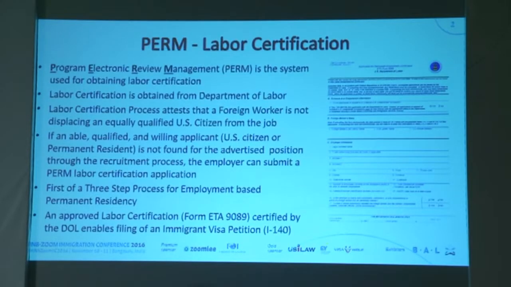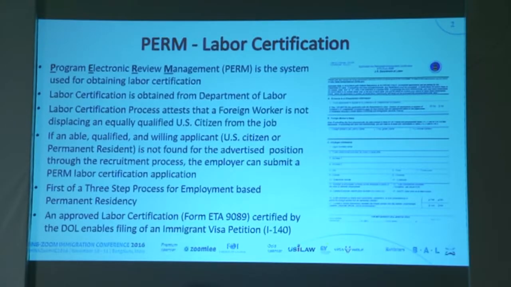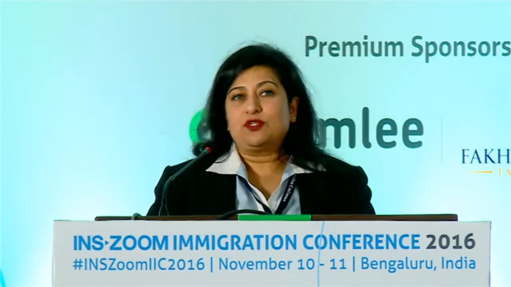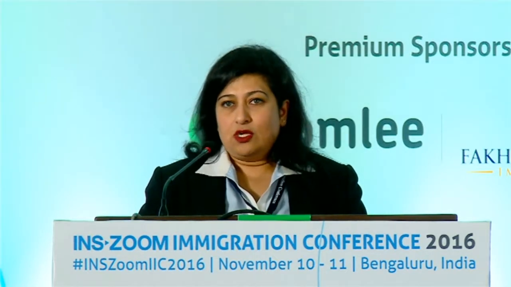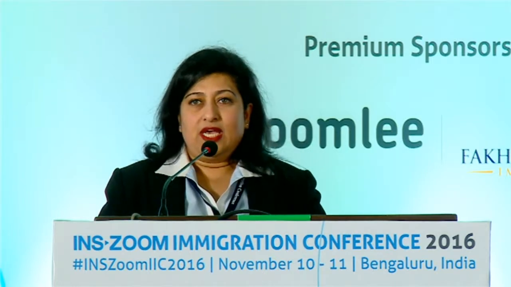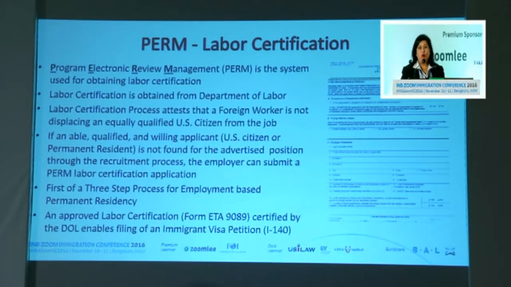Perm. What does Perm stand for? As most of us know, it's the Program Electronic Review Management, which, for those of us old-timers, is known as a replacement to the reduction in recruitment. So the RIR got replaced in 2005 with what is considered to be the Perm application process, which is basically the labor cert.